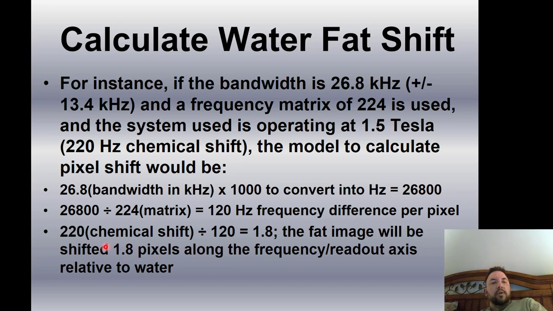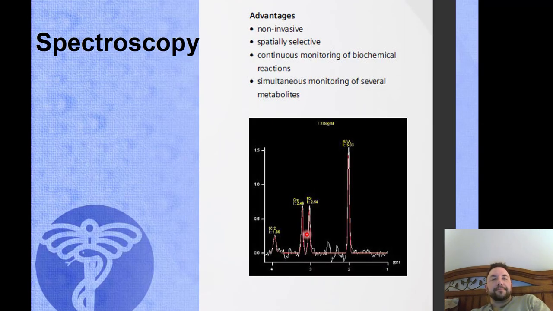Philips terms water fat shift of 1.8 as bandwidth. And we know that the smaller the water fat shift, the larger the bandwidth that's utilized. And that's simply the way that you can calculate the water fat shift. An example and a little bit of math that everybody, including myself, despises.